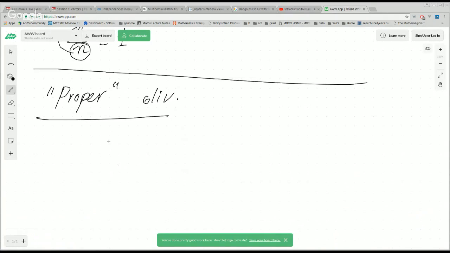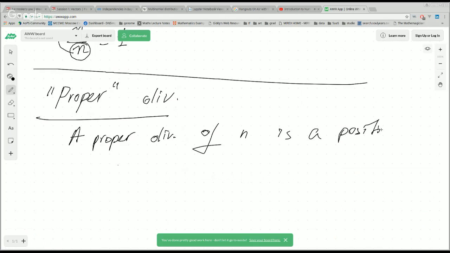All right. So what does it mean for a divisor to be proper? A proper divisor of some integer n is a positive divisor of n that is not n itself.